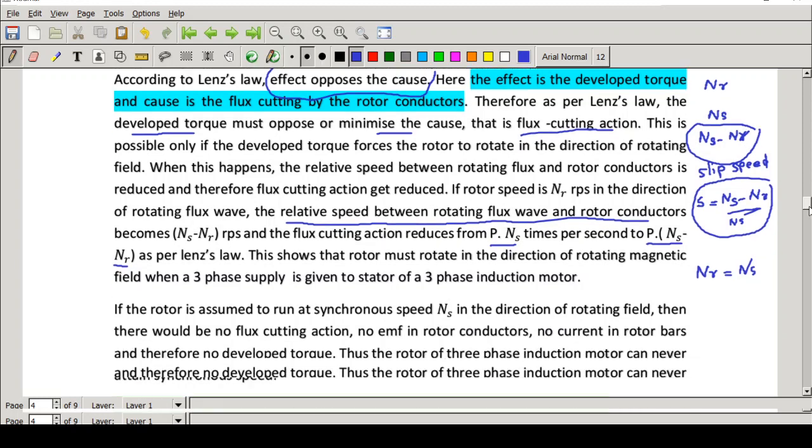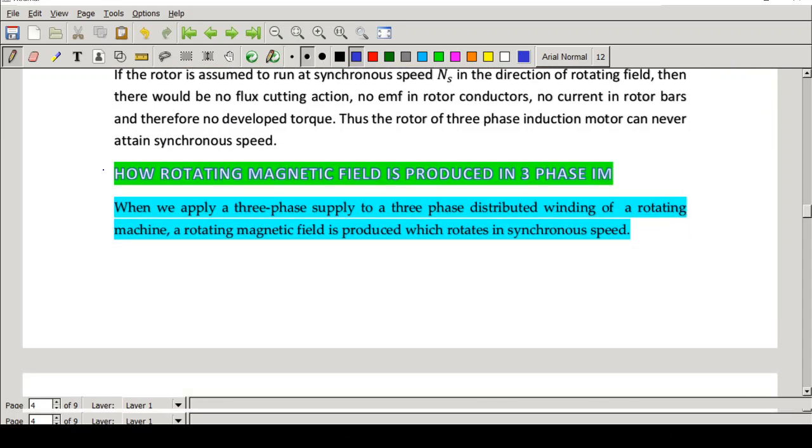Next we will see how a rotating magnetic field is produced in the case of a three-phase induction motor. We know that when a three-phase AC is given to the stator winding, current will start flowing, right? So there are three phases R, Y and B. Now the sum of the currents will be 0 because it is a three-phase balanced voltage which we are giving.